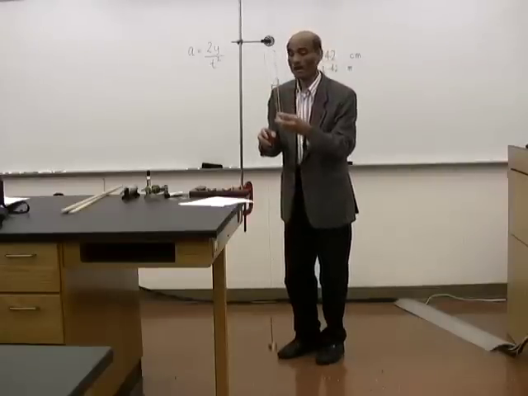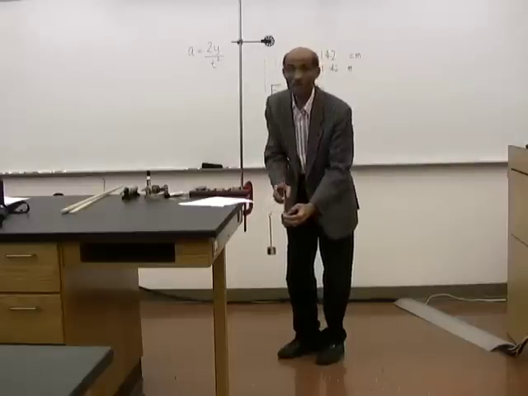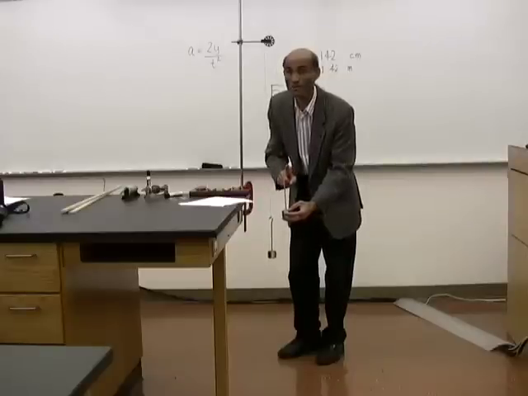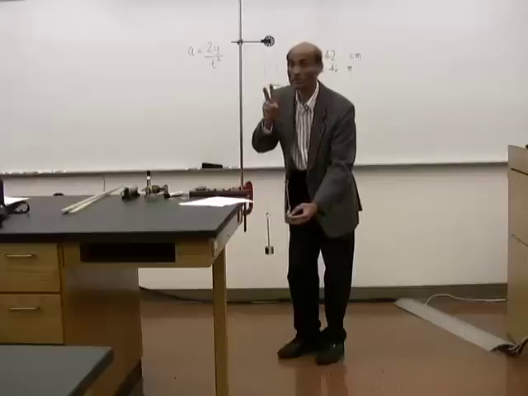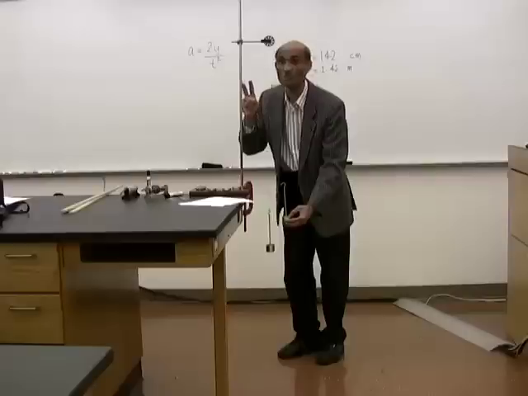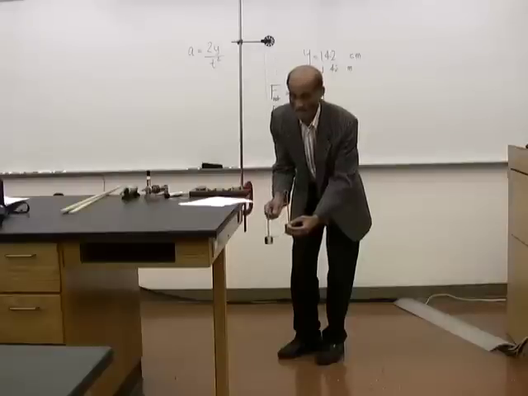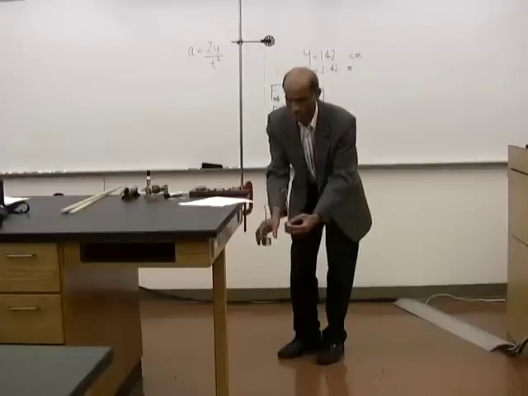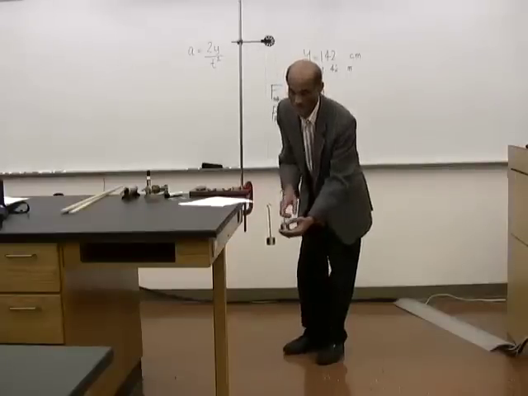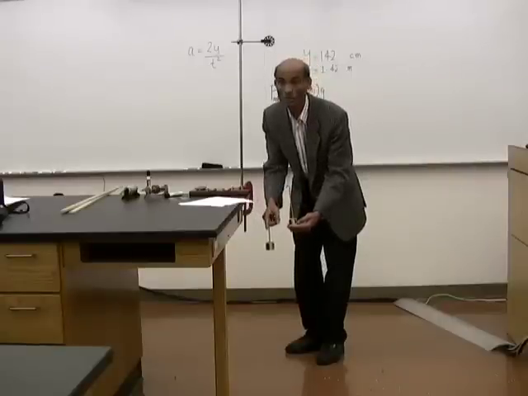Now, in the next trial, what do? Well, in the first trial, we removed 1 gram from M1 and put it on M2 so that the difference between the two masses is 2 grams. Now, I'm going to return that 1 gram and I'm going to take 2 grams from M1 and put it on M2. So, I now removed 2 grams from M1 and put it on M2.